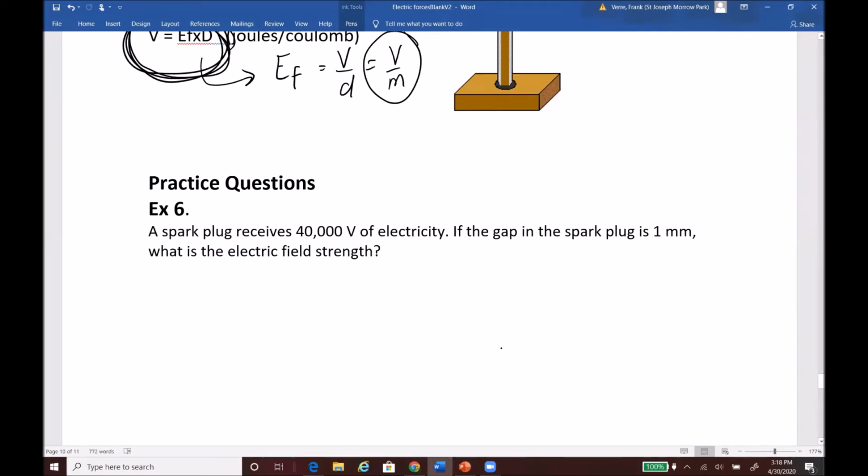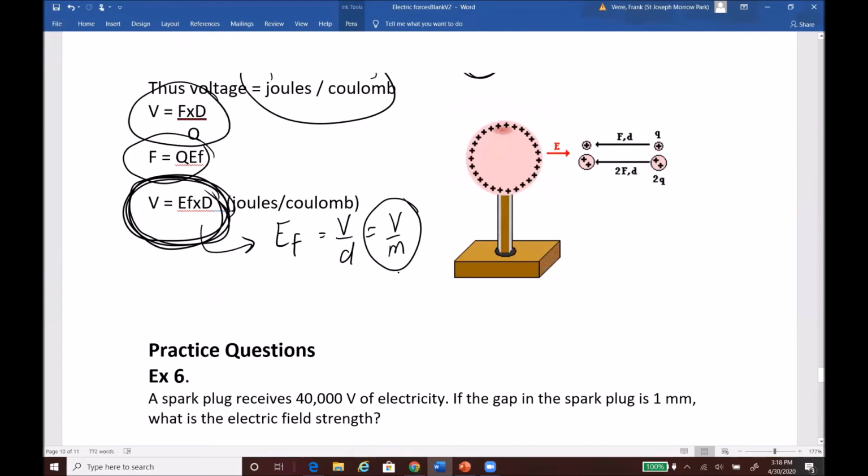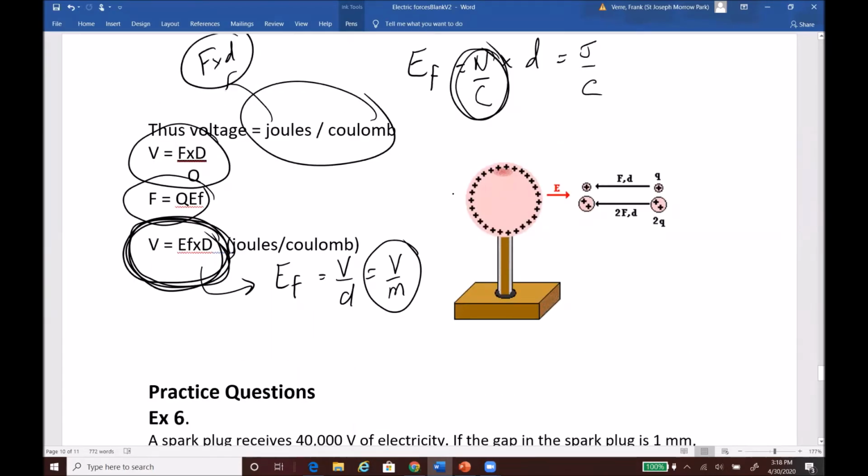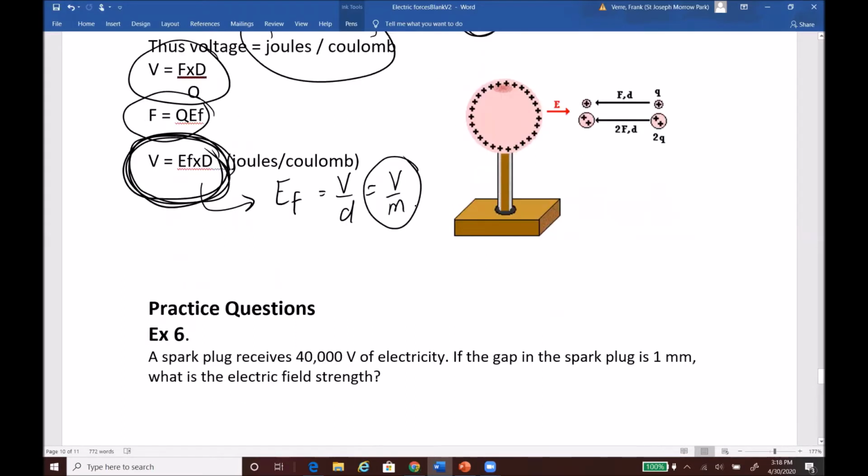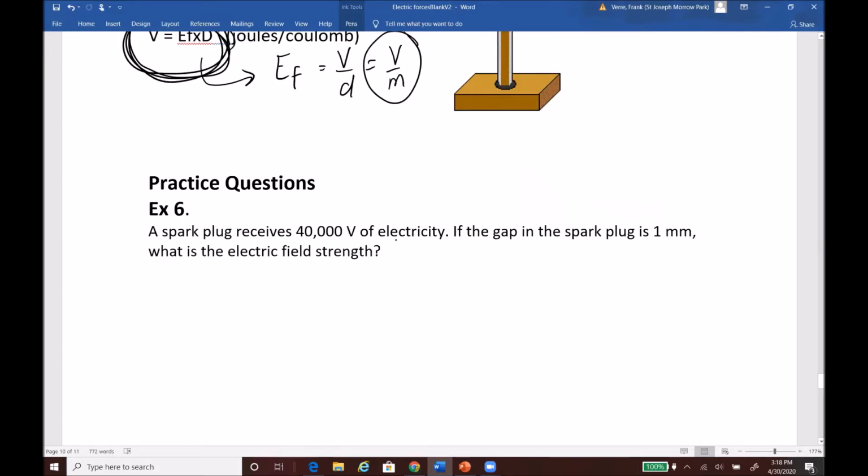Okay, so from the previous example, we said we can express the electric field as force over charge, newtons per coulomb. But we also said we can express it as voltage per meter. So in this case, it would make sense to express the electric field generated by the spark plug as the voltage over that distance. So that would be 40,000 volts over the distance.